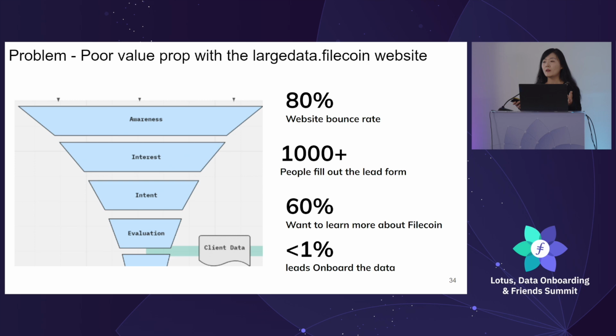In the past, we had a website to help clients who want to onboard large data. If you look at the funnel here, that website had over 80% bounce rate. Imagine after a conference, people who want to store data usually go to that website and immediately bounce off. Although thousands of leads were collected through that website, 60% of people just wanted to learn more about Filecoin.